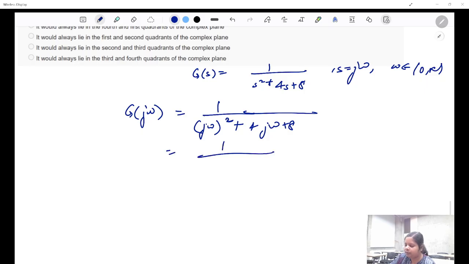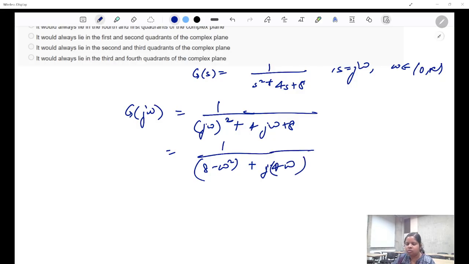So it's going to be 1 upon 8 minus omega square plus j 4 omega.